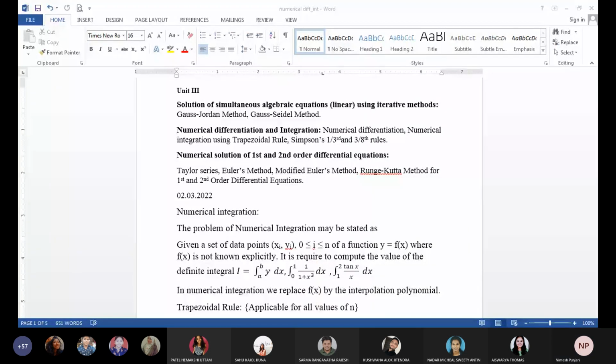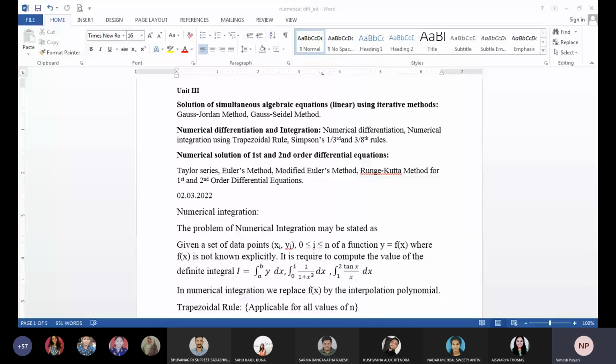What do you mean, sir, I did not understand. We have the points in the form xi, yi. Like the point of the coordinate system, we have the point xi, yi. i is varying from 0 to n.